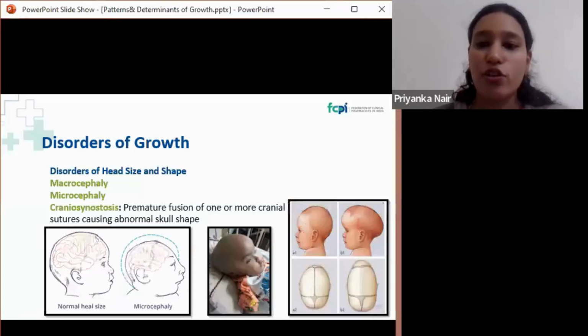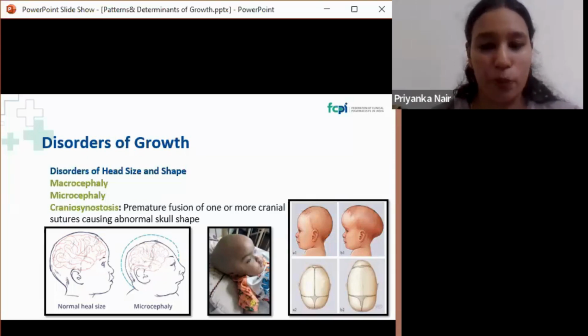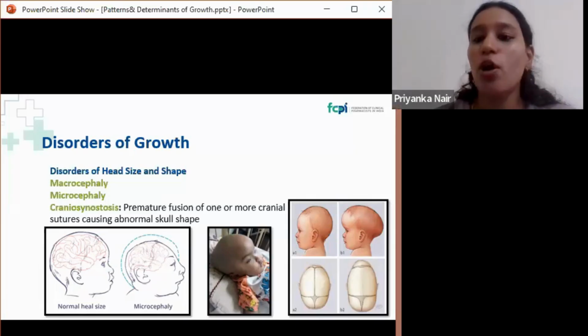Then we have disorders of head size and shape. Macrocephaly refers to a higher head circumference than the expected, and microcephaly is just the opposite. There is a small head or lower head circumference. Then craniosynostosis is the premature fusion of one or more cranial sutures causing abnormal skull shape.